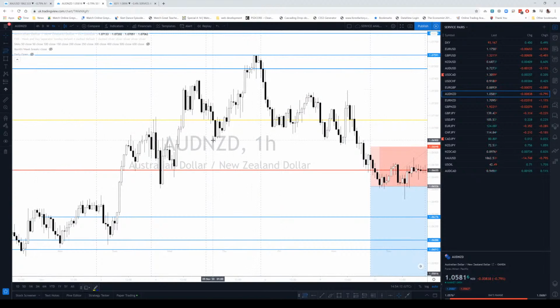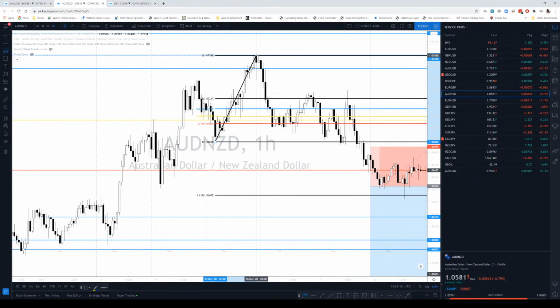So between this low and that high, if you're expecting price to continue going higher, we shouldn't come all the way down here, okay? Because if it does, it's not good.